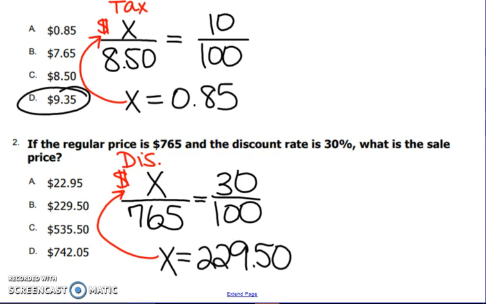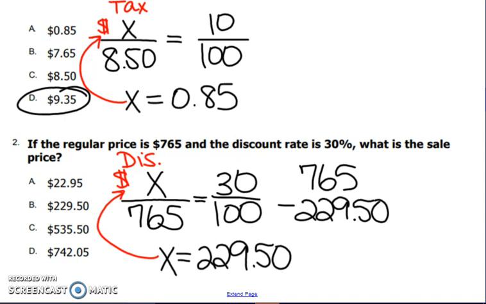I'm not going to be paying $229.50 because we just said that was the discount. So you have to take the original amount of $765 and subtract the discount, which is going to leave you with answer choice C, which is $535.50.